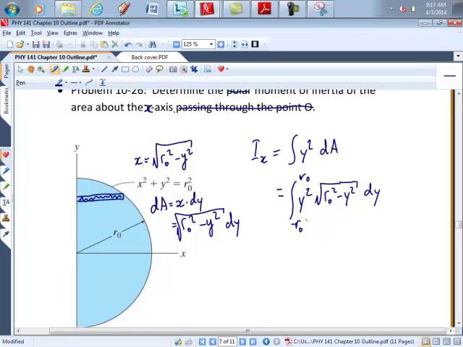All right, so who knows how to integrate that function? We would use a table. So we'd go to Appendix A, and we'd find it in the table.